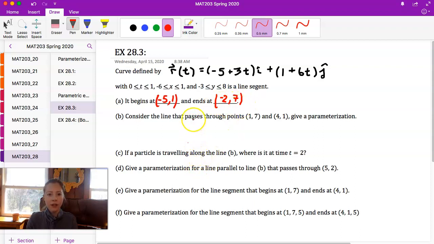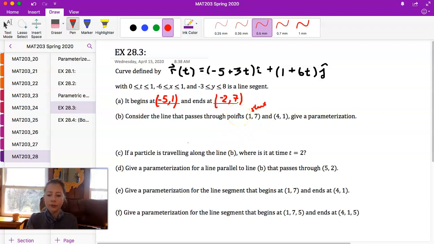Now let's consider the line that passes through the points 1, 7 and 4, 1, and let's give a parameterization for that. In order to do this, we have to mark a starting point and an end point. So let's start at 1, 7. That's our starting point.